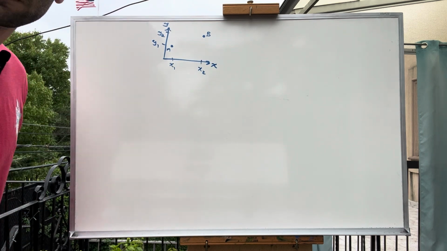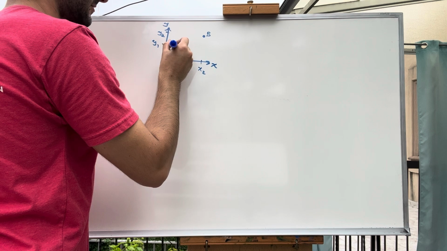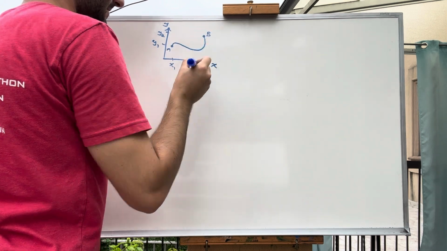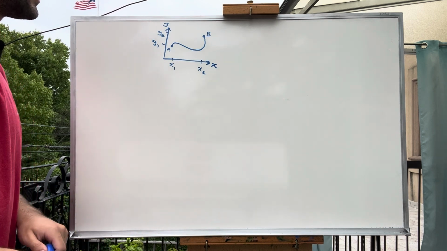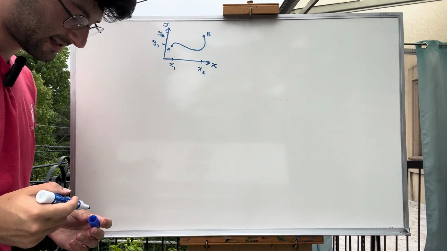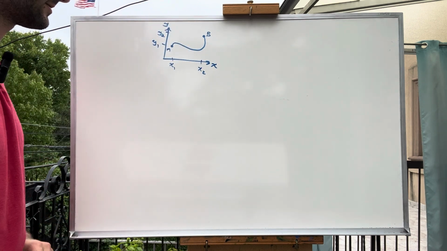And we have some function, some curve that connects the two from point A to B. And let's say we wanted to find out the total length of this curve from point A to point B.